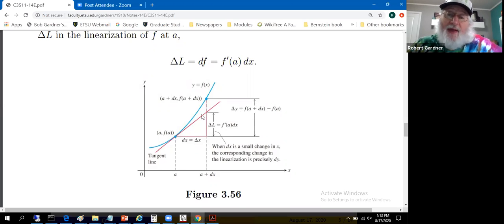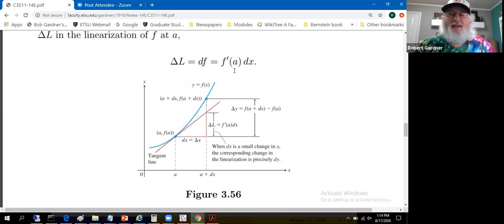And we get delta L changes by the amount f prime of a dx. So what we're saying is delta L equals f prime of a dx, we're denoting it also as df. That's an approximation of the change in the function f when we move the input value from a to a plus dx. So I expected the line to approximate the function. So I expect the changes in the line to approximate changes in the function. And they're not going to be precise unless the function itself is a line.